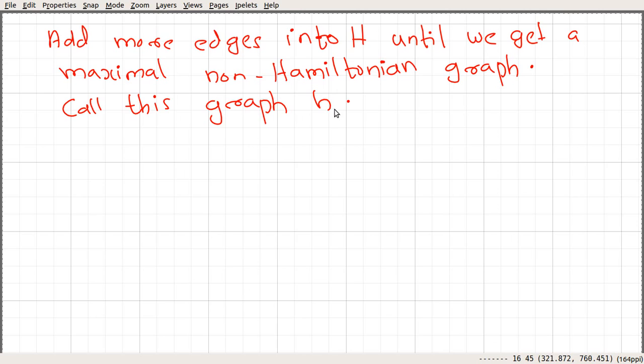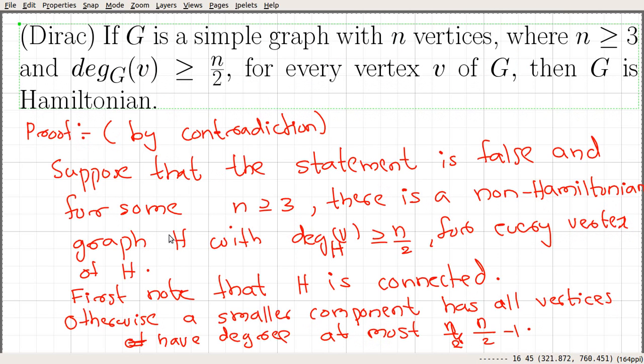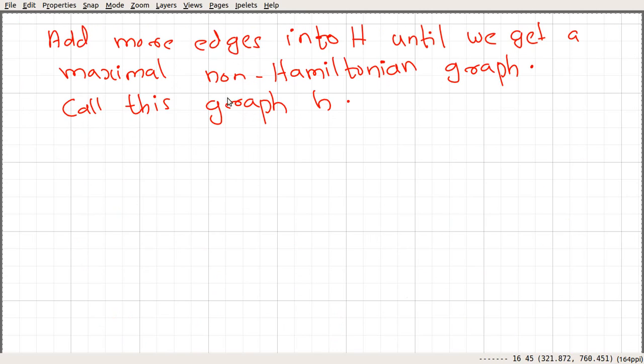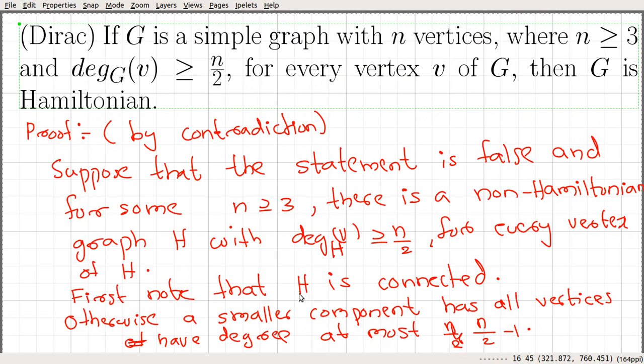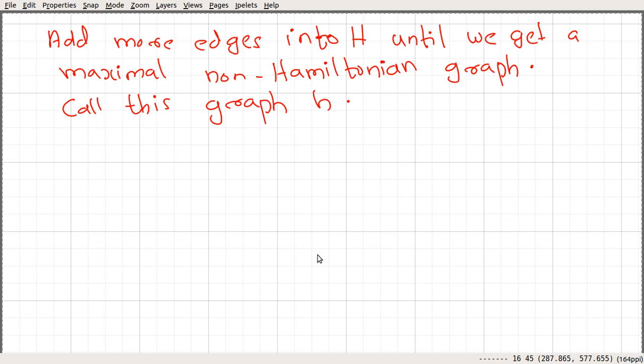The degree of each vertex in G is also greater than or equal to n/2, because H was chosen so that the degree of each vertex is at least n/2. Adding more edges only increases the degree, so it is still at least n/2. Also we started with a connected graph, so G is also connected.